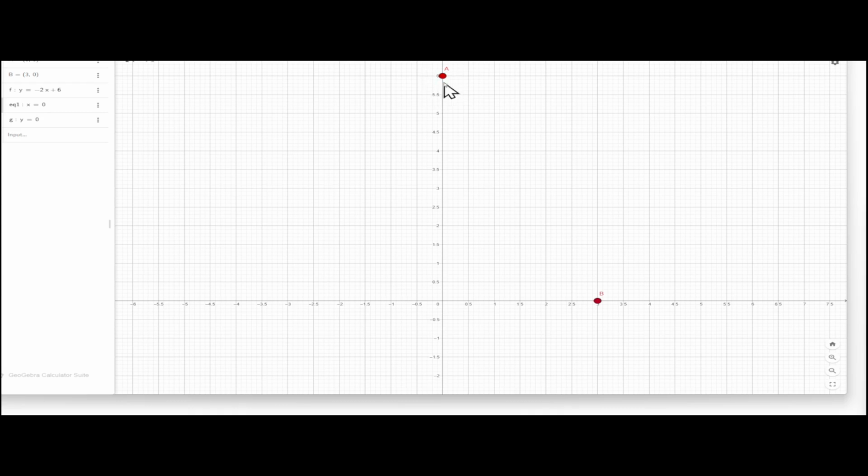So this is point 0, 6. Point B here has no y value, but its x value is 3. So this is the point 3, 0. And it's exactly the same as any other graph. We just put in the 2 points and get the answer. So let's do that now.